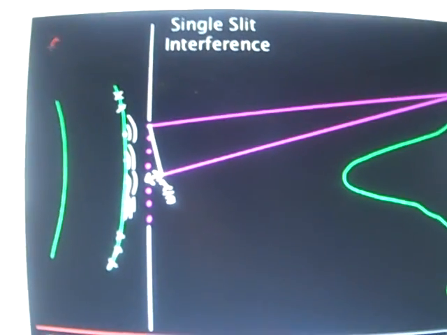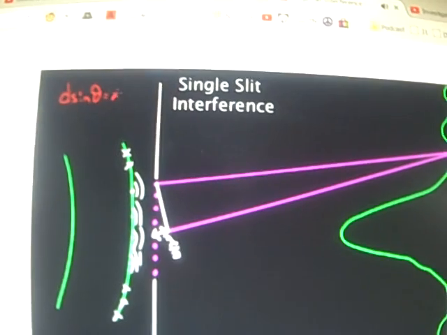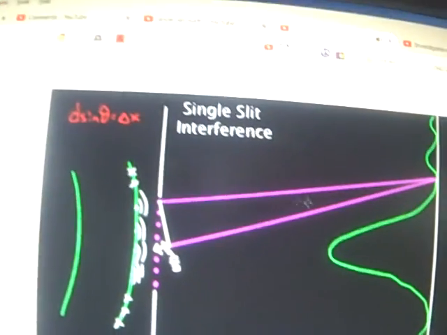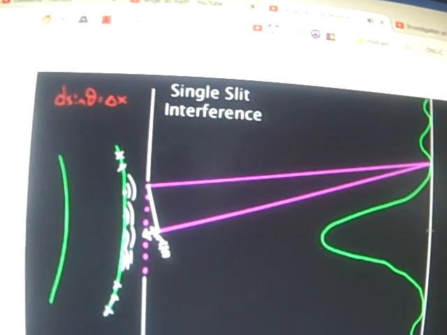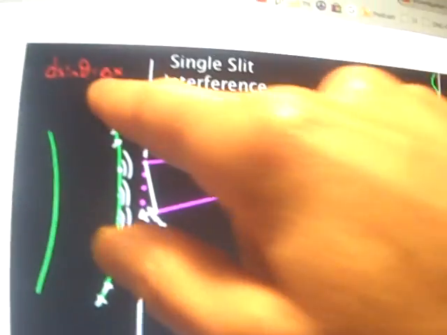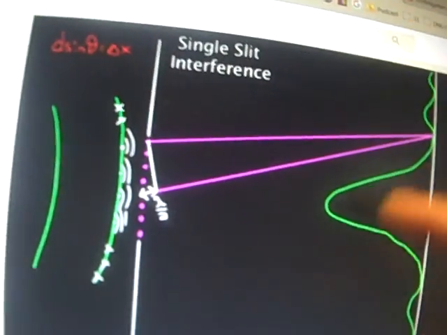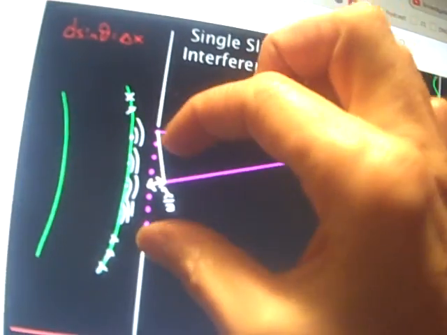That relationship was d sine theta equals the path length difference between these. That we derived. The screen had to be very far away. So instead of using the path length distance, it's really just another way of, because like I said, it's automatic what this angle is going to be if you know the width.